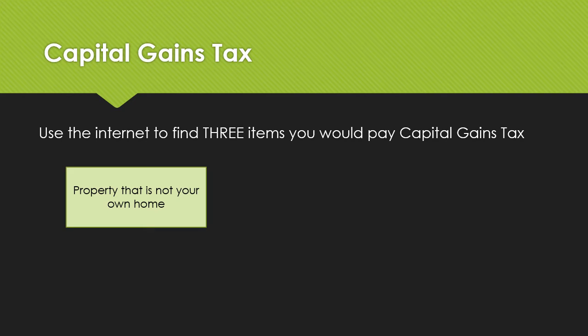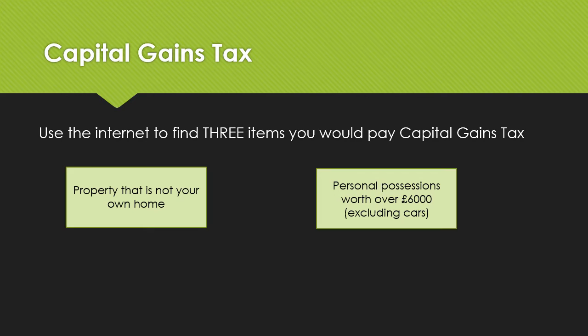Okay, hopefully you found that property that is not your own home is subject to capital gains tax, but if you sell your own home, you don't have to pay capital gains tax. Personal possessions worth over £6,000, excluding cars. Hopefully you might have found a different number for that allowance, but we'll come back to that.